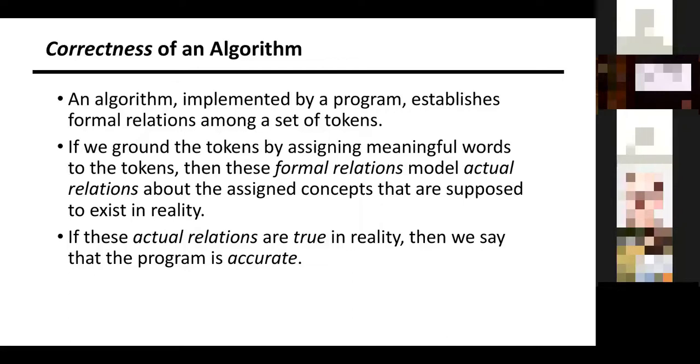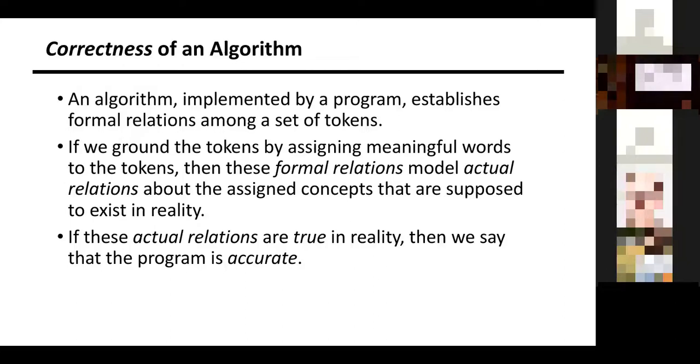If the names of these tokens are grounded, then these relations in the abstract token world become actual relations in the real world, because then the token names refer to real concepts in the real world. And then I say a program is accurate if these actual relations are correct in the real world.